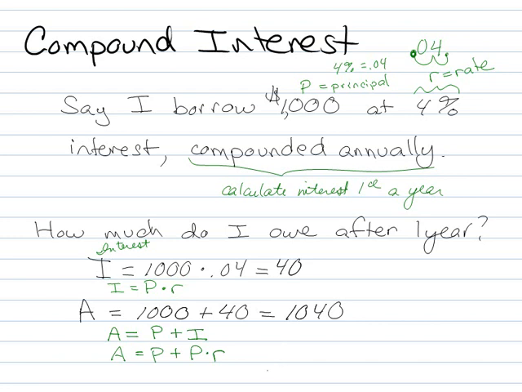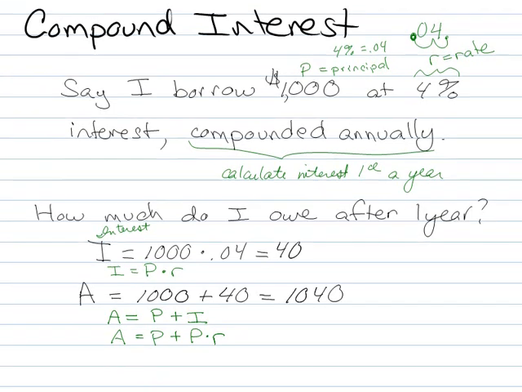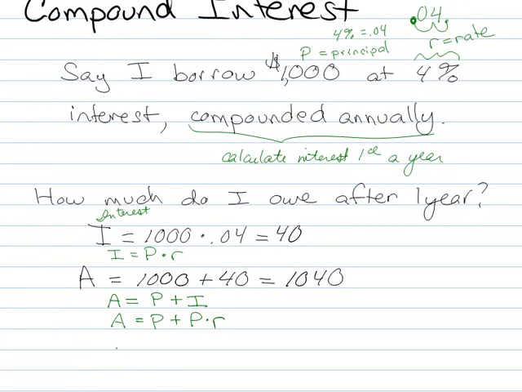I could plug in 10,000 at 5% or $2 at 9% or anything I wanted. We are going to factor out a P because we'll need that later, so we get 1 plus R.